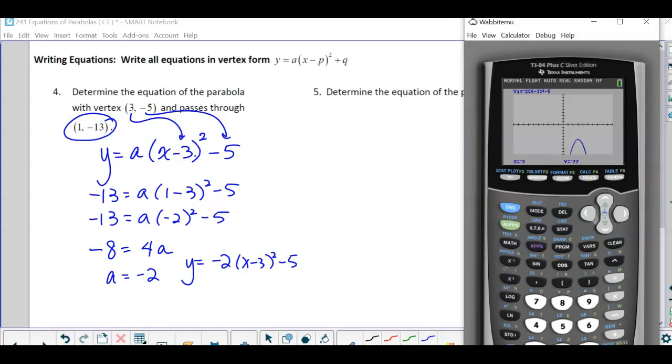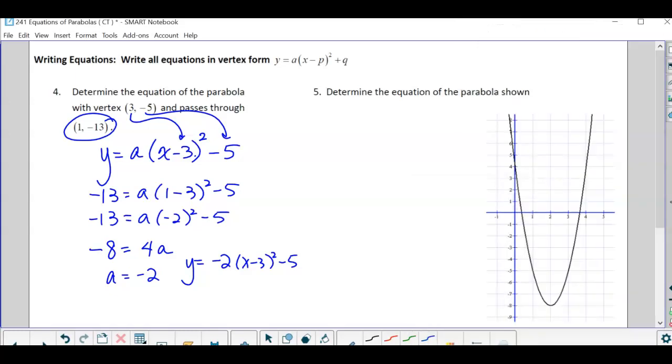Sorry, vertex is positive 3. That's no problem. So 3, enter, I get negative 5. Good to go, it's at the maximum. Then you can test your point, x equals 1, y equals negative 13. Okay, you can't see it on there. It's okay, it won't show you if the y value is off your screen, but if the x isn't, then it will give you an error.